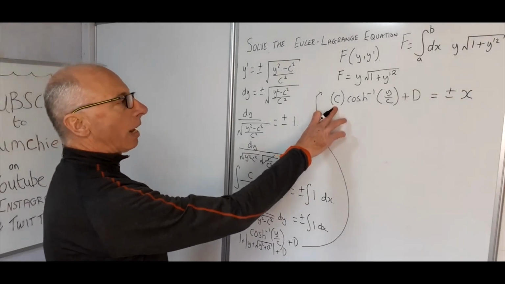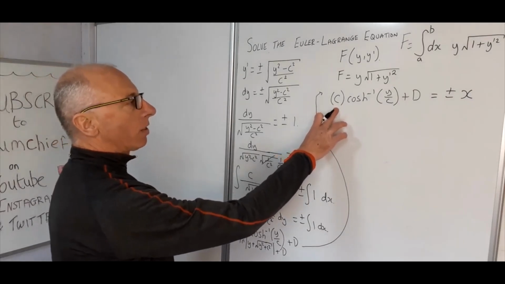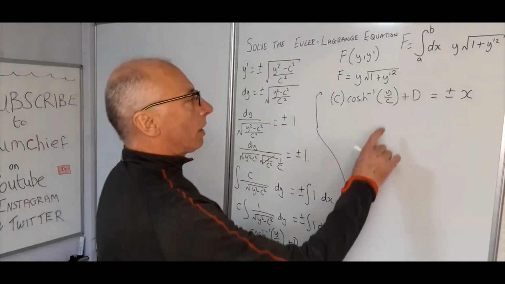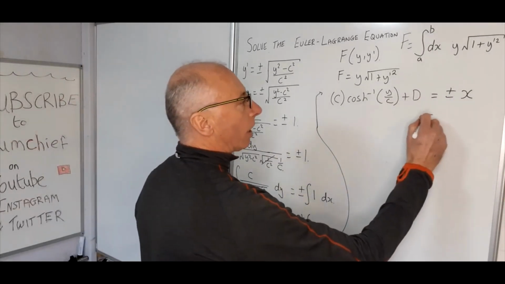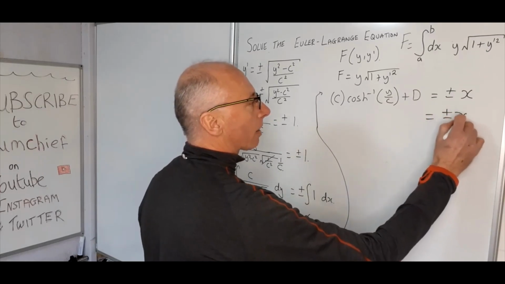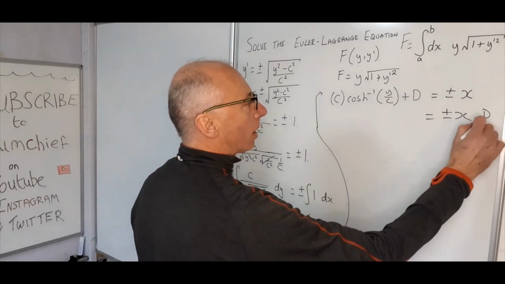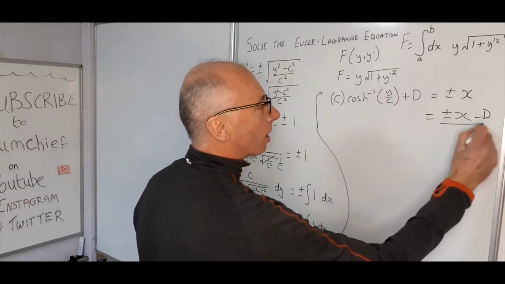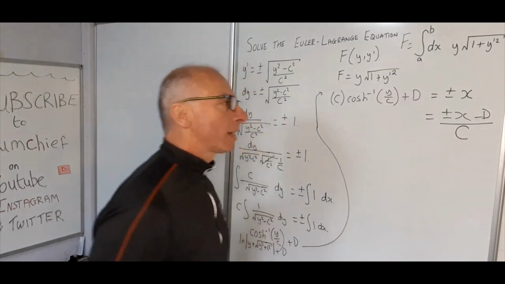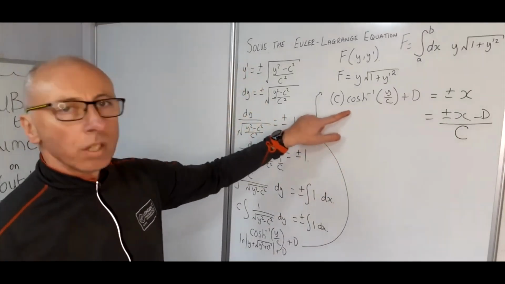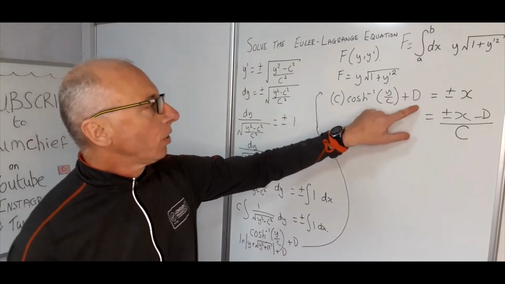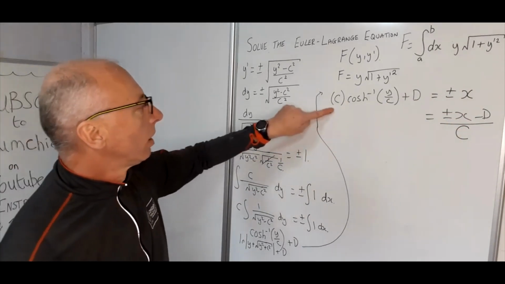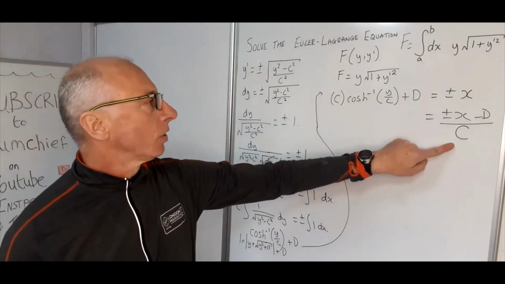And before we do that, if we divide both sides by our c and bring our d across, we're ready to take care of it. So if I bring the d across, we've got plus or minus x minus d, and then divide all of this by c. That gets this term here on its own. So that's fully legit here. I'll bring the d across first, and then that leaves me with this, and then divide by c, which I've done here.